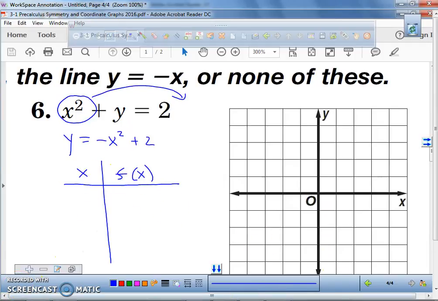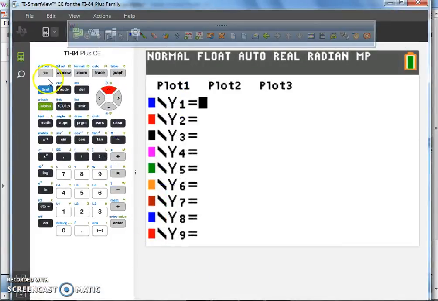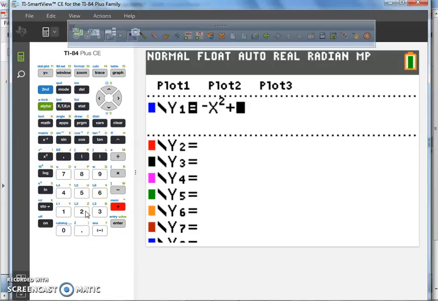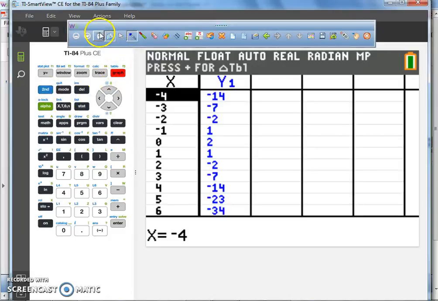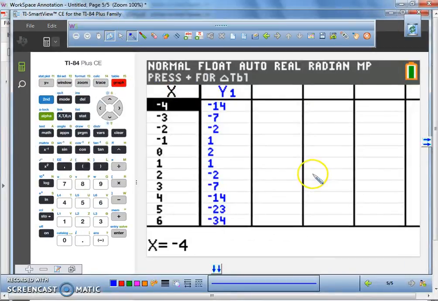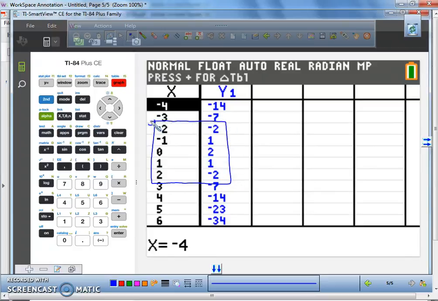We're going to make a table. Let me go to my graphing calculator. I'm going to have y equals, type in negative x squared plus 2. Hit the graph button. Now, when you look at a table, you can only graph certain ones. We're only going to graph these right in here.